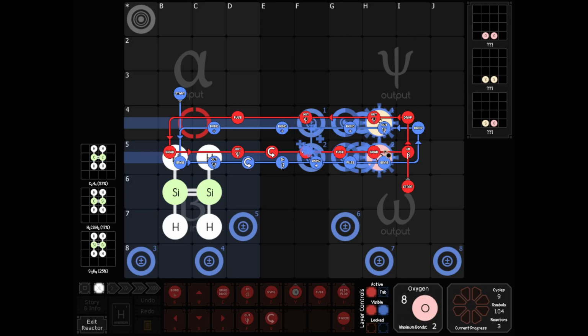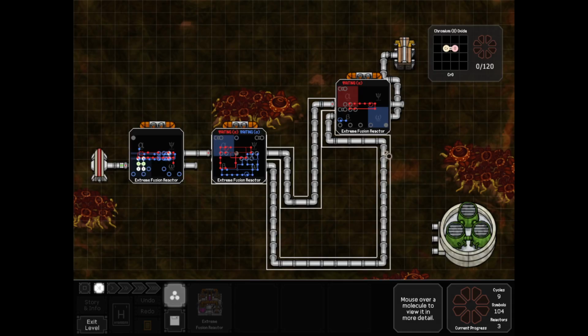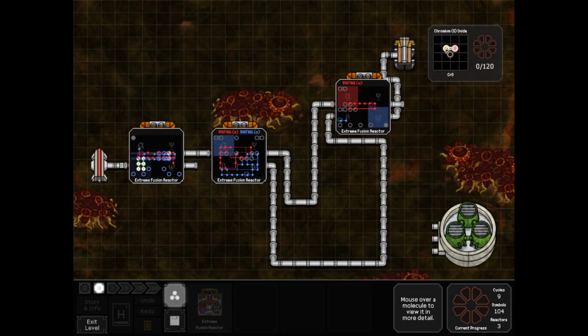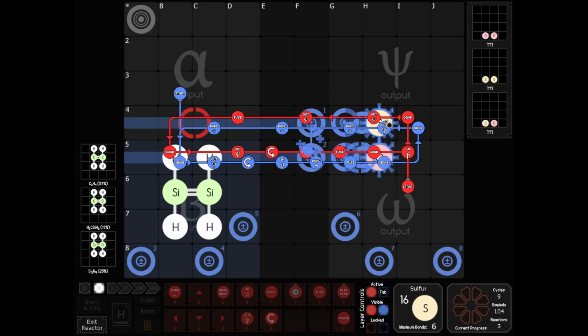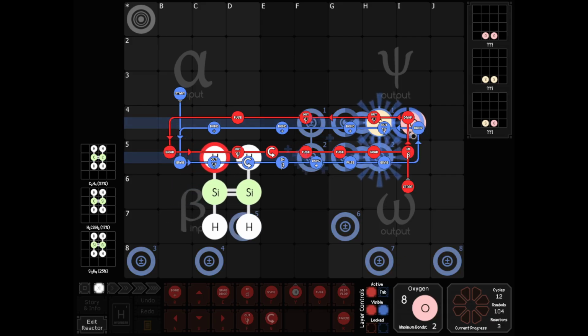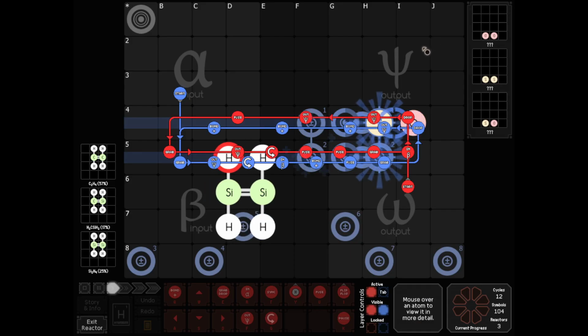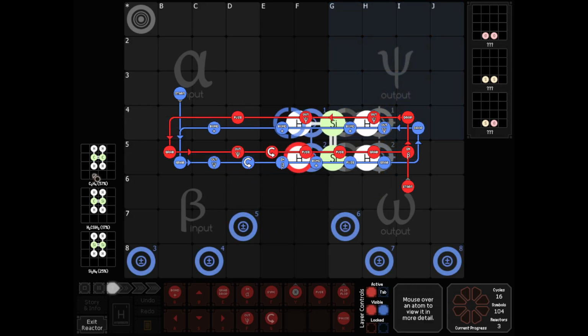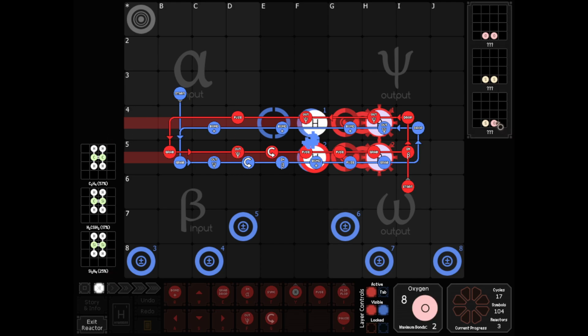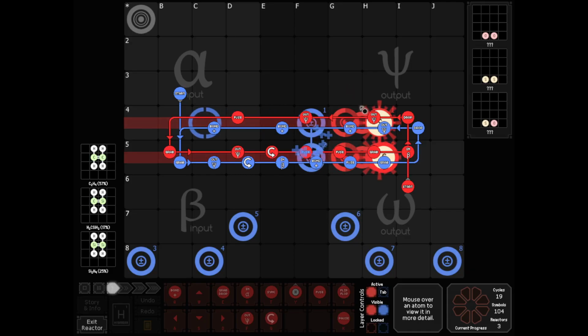And then out of sulfur and oxygen, you have to create chromium and oxygen at some point. So yeah, those 2 get fused right there, and then both dropped into the output zone. And then all of that gets outputted right there. So it just turns these bigger molecules into individual atoms in 2 places.